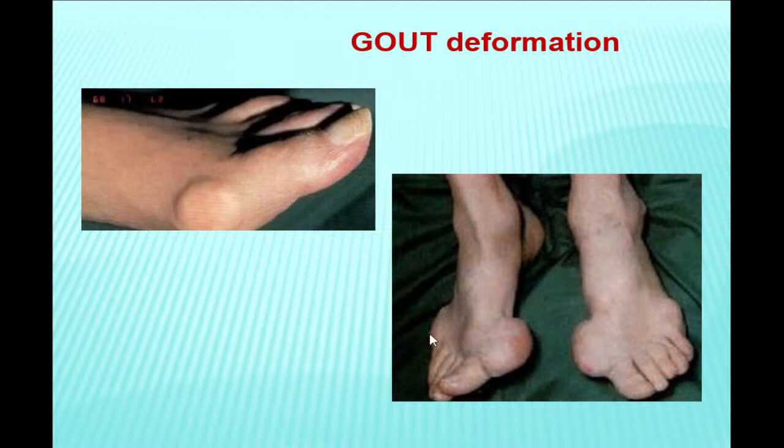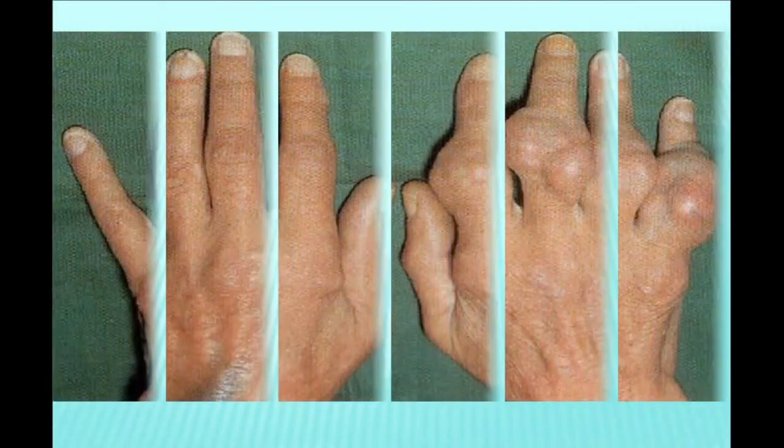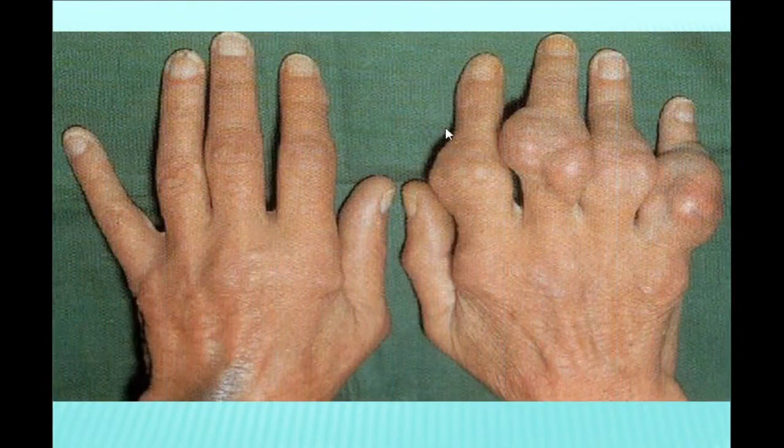You understand this patient cannot go out from home except without shoes, or specific shoes are needed. Also, deformation of the fingers of the upper extremities, you see tophus due to collection of uric acid.